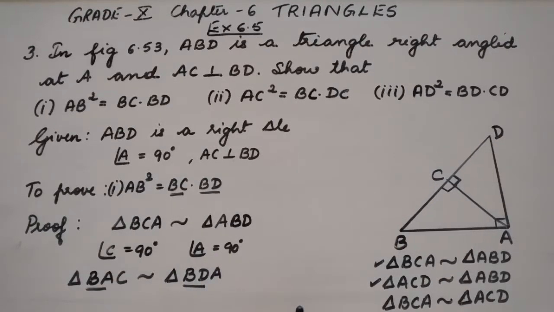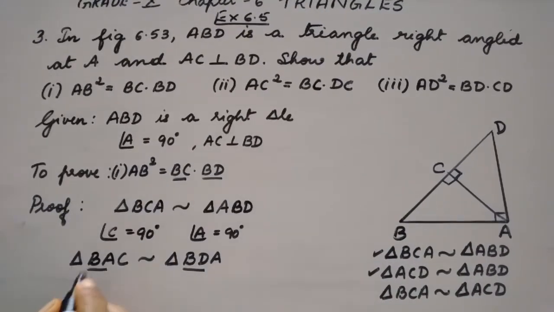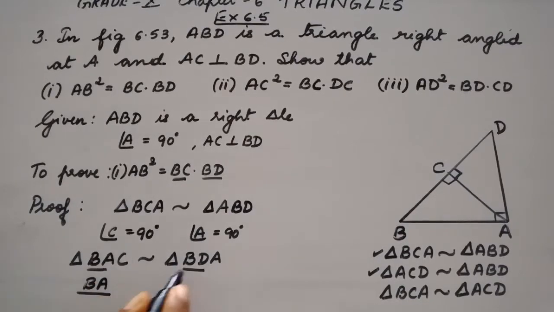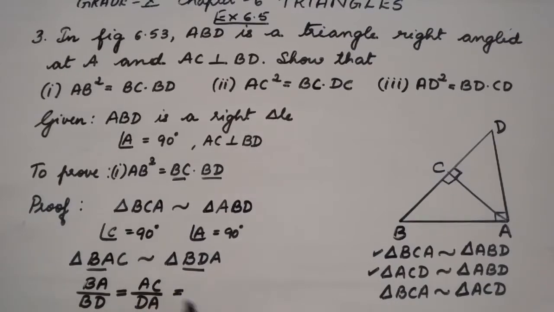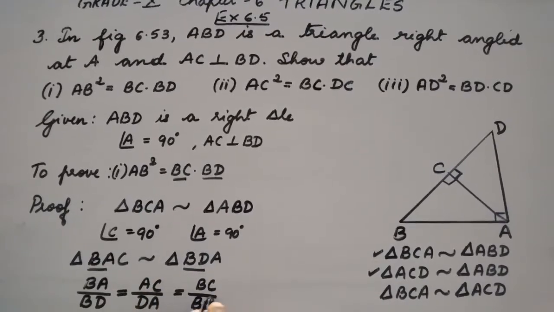Now it is easier for us to write the corresponding sides. So the corresponding sides will be BA by BD equal to AC by DA, which is equal to BC by BA.